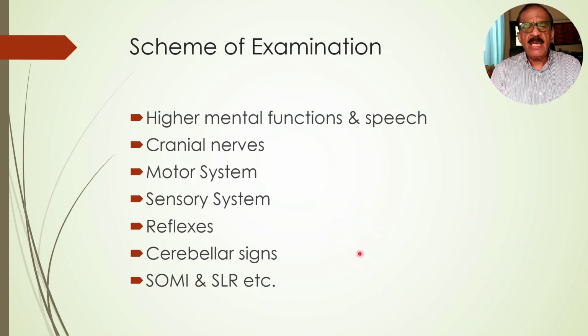Now, one statement here: if you examine the entire central nervous system in a methodology, in a proper way, it would take a lot of time. And there are people where that may not be necessary. Now, if somebody has a neurological symptom, then it is mandatory to examine the entire central nervous system. It may take time. It may be very difficult also for the patient, because the patient will have to cooperate throughout the examination.